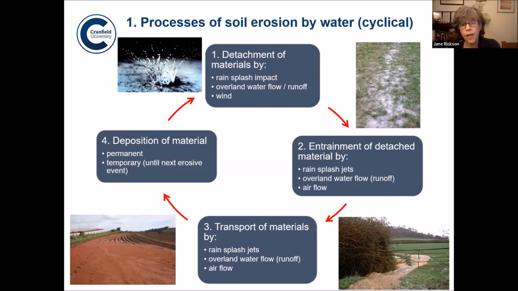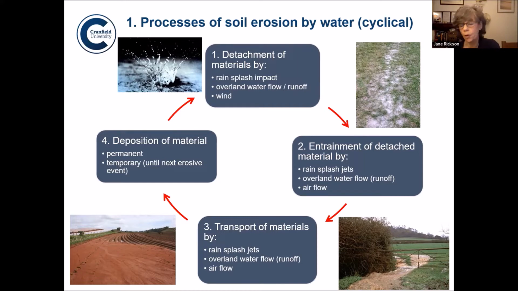The first phase of soil erosion is the detachment of the materials from the soil mass. This might be from the rain splash impact, that individual drop falling on that bare soil with its kinetic energy, which is able to detach particles and then transport those particles. But the first detachment could be by rain splash impact. It might be by overland flow or runoff if it gets sufficient shear stress to actually detach material.